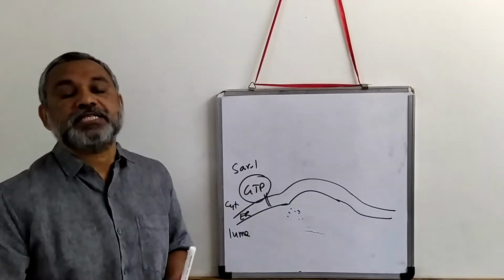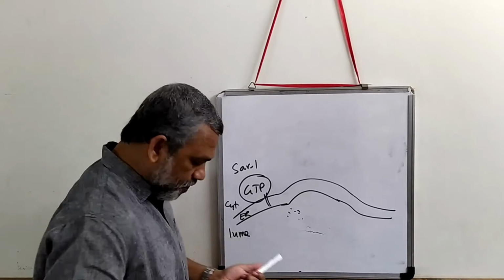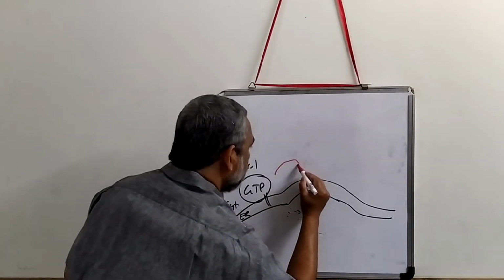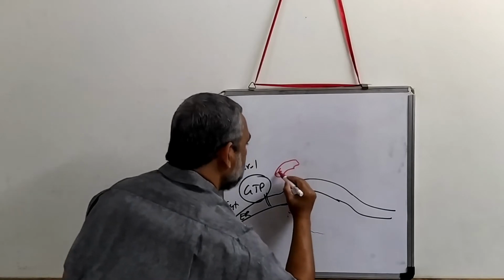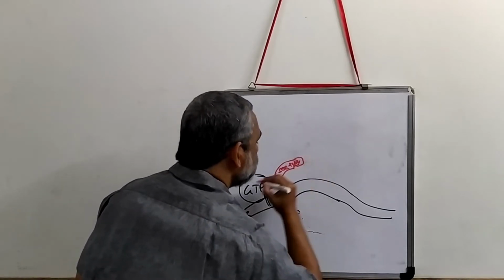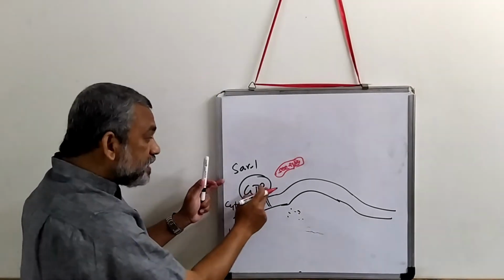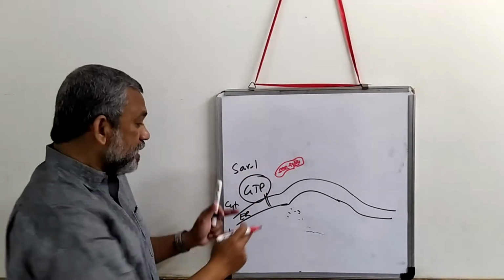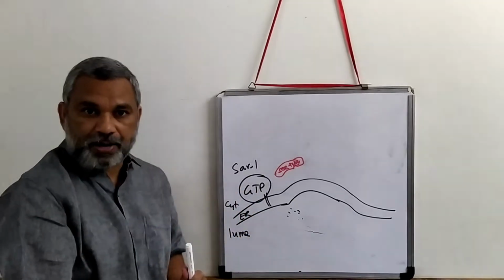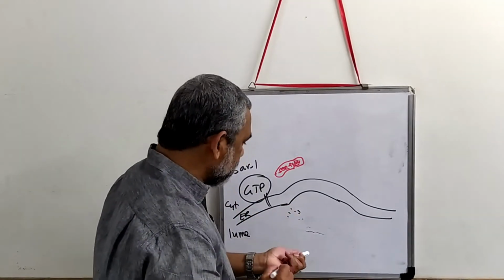Now the coat proteins come into the picture. So assume this is a SEC protein, SEC23 and 24. This gets added to this GTP bound SAR1. So we can represent that in this manner.